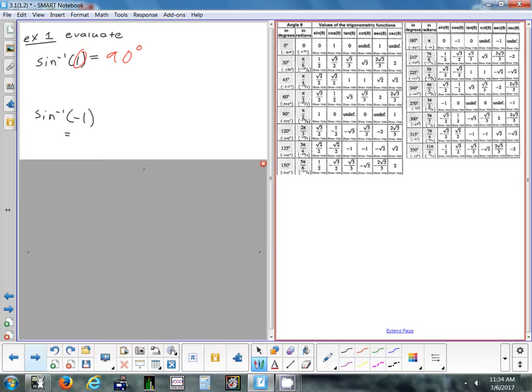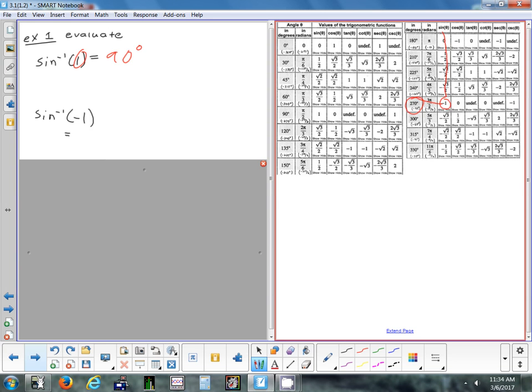Anyone think they can tell me the inverse sine of -1? Yep, go ahead. -90. Yeah, so if you went down this column, there's your -1. Go over, there's your angle.